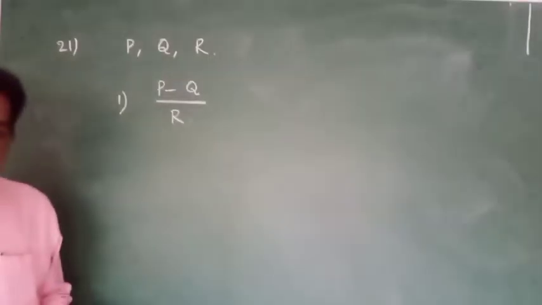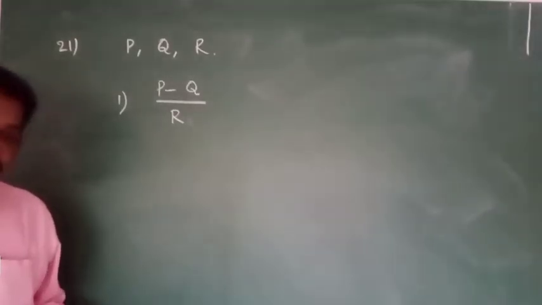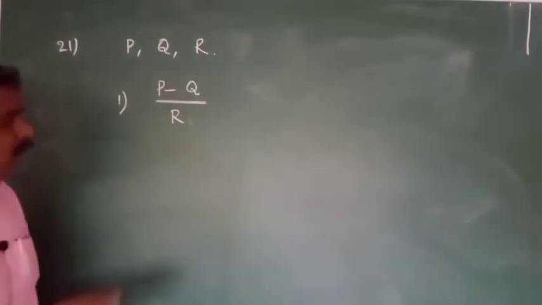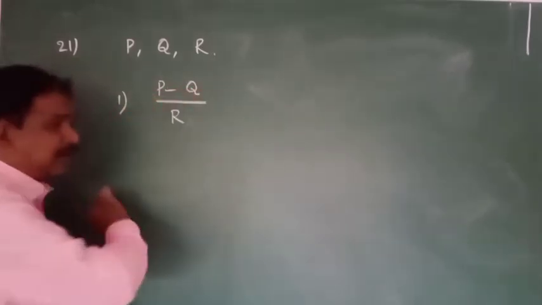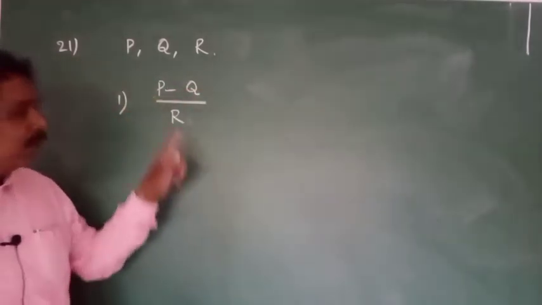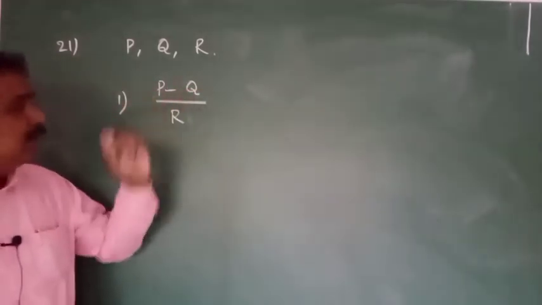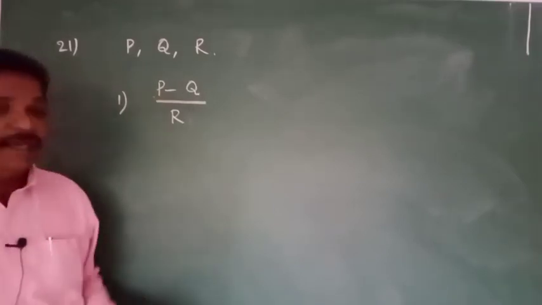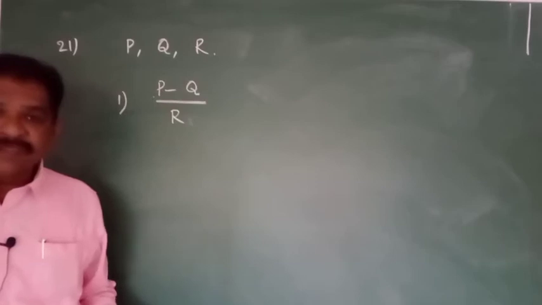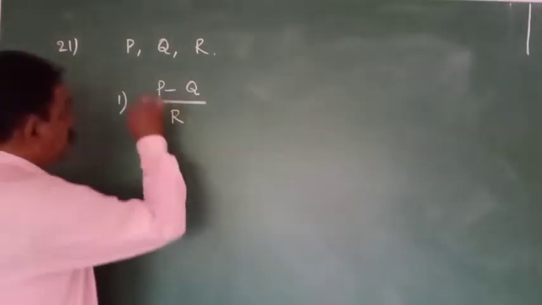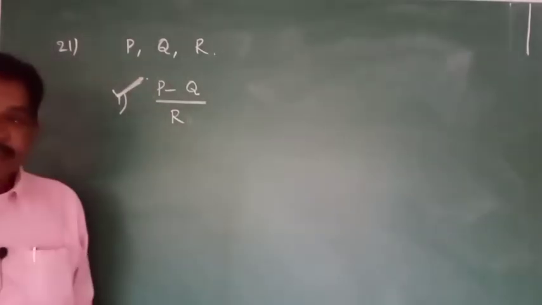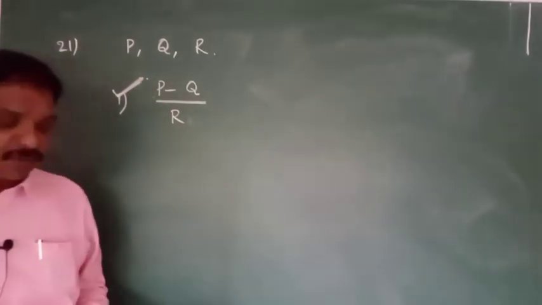But we cannot add or subtract two different physical quantities. P, Q are different, na? For example, this is Newton, this is meters, this is force, this is length. Subtraction is meaningless, so this will be the correct answer.